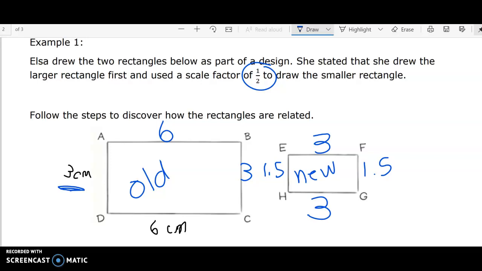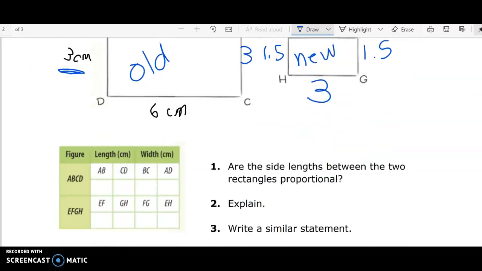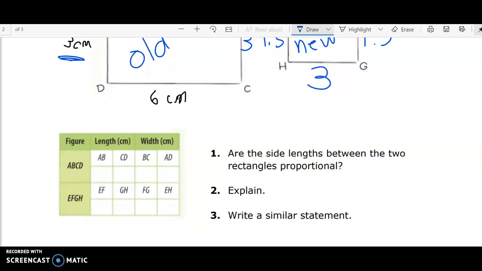And then we can fill in the table that AB is 6 and EF is 3, and CD is 6, and GH is 3. BC is 1.5, and this is 1.5.